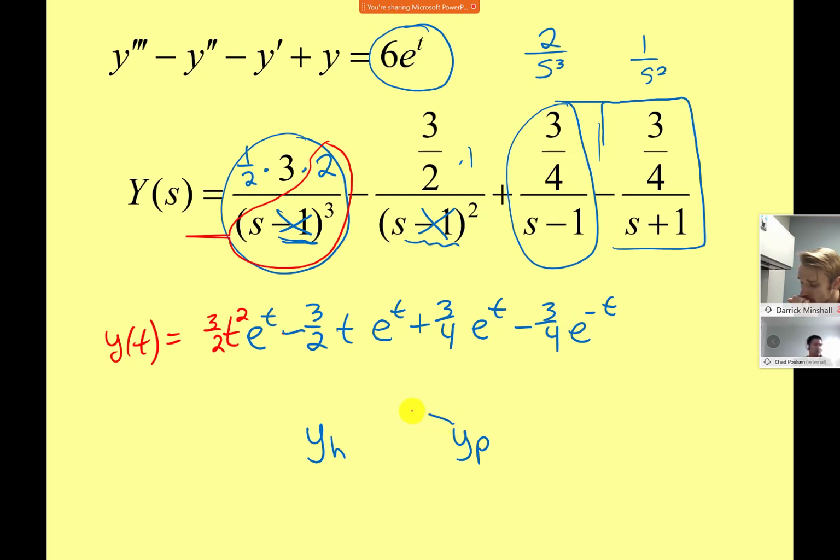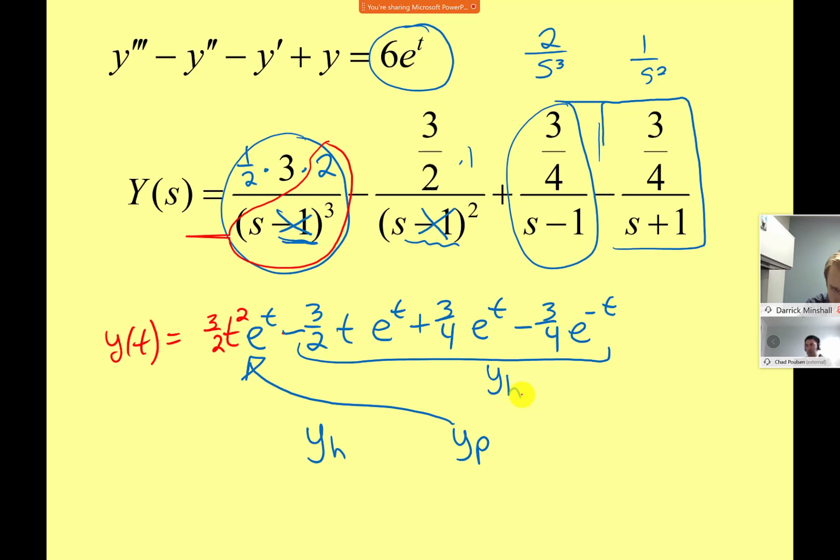Well, the particular one then must have been this one, because remember, if it's a repeat and solves the homogeneous, you need a factor of t, and if it repeats again, then you need another factor of t.